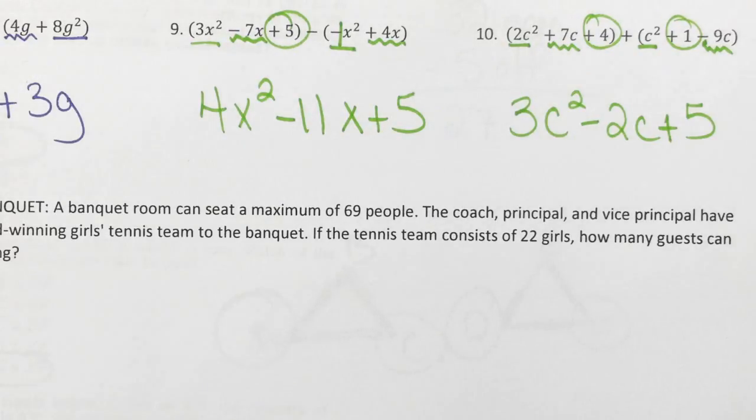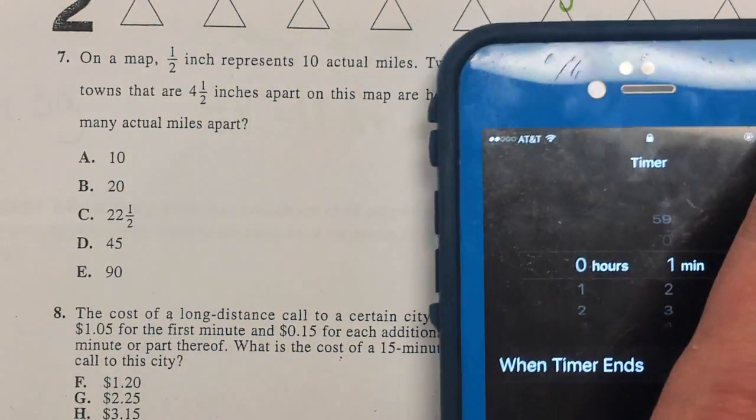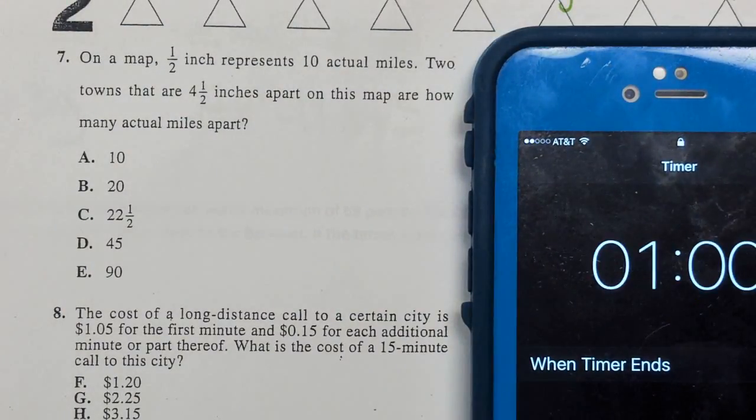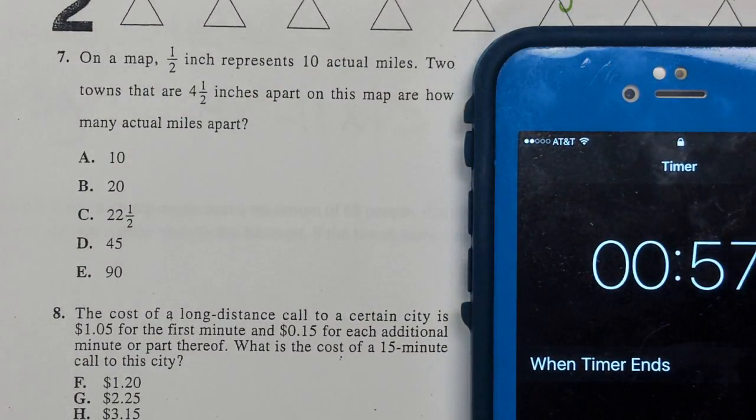All right, ready? Since we have only one problem, how many minutes are you going to get? 1 minute. You ready? Go. Just number 7, okay?